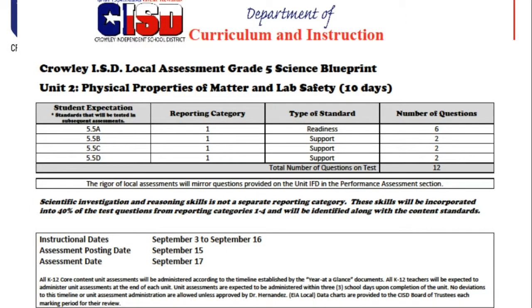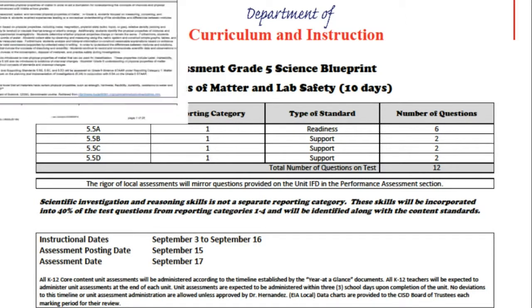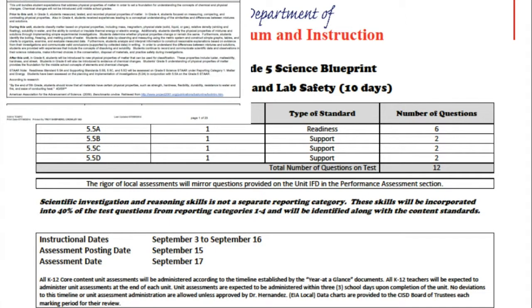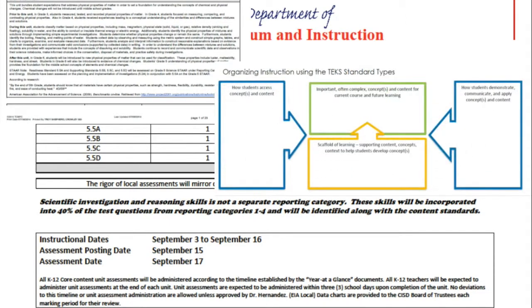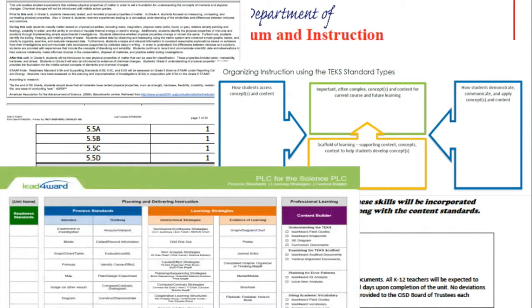As per the local assessment guidelines, teachers are to administer unit assessments within 3 school days upon completion of the unit. Materials teachers will need are the Unit 2 IFD, the Organizing Instruction using the TEKS Standard Types document, the PLC for Science document, and green, yellow, and blue highlighters.